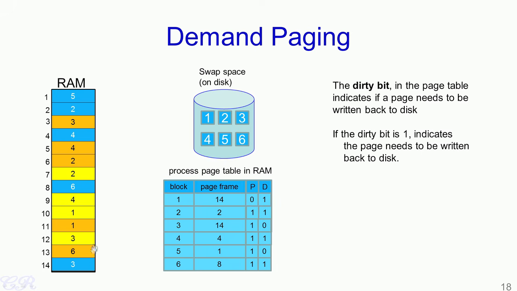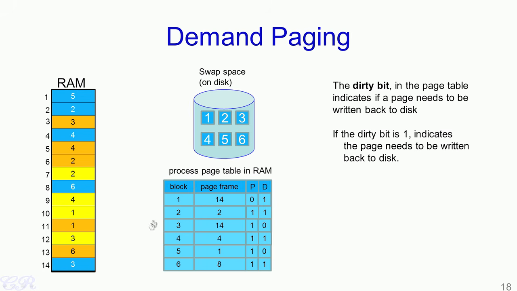In such a case, the swap out process of copying the contents of this page frame back to the disk will not be required. On the other hand, suppose we had data in block number 1 which was modified. This would indicate that the copy of block 1 in the RAM is different from that in the disk, and therefore, the entire page frame should be swapped out and written back into the disk.